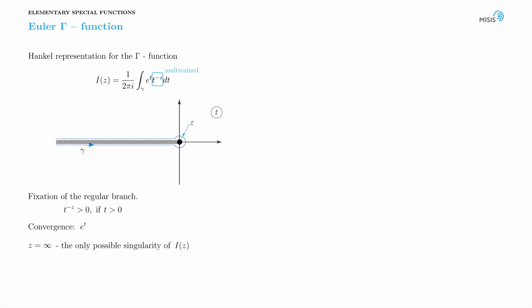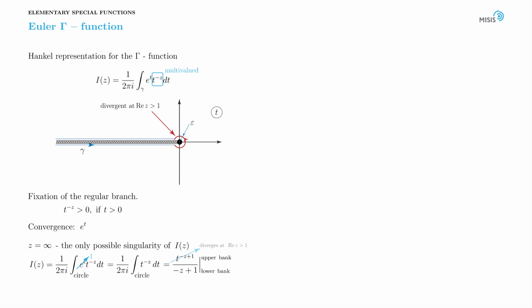The vicinity of the origin leads to a divergent integral in the case when the real part of z is greater than 1. Indeed, it's very similar to the gamma function case. In the vicinity of the origin, we can change the exponential to 1, and the integrand becomes t to the minus z. We rewrite and obtain the following result.